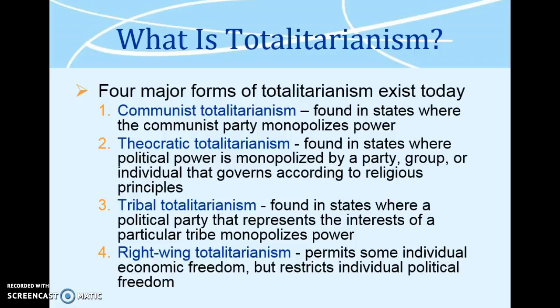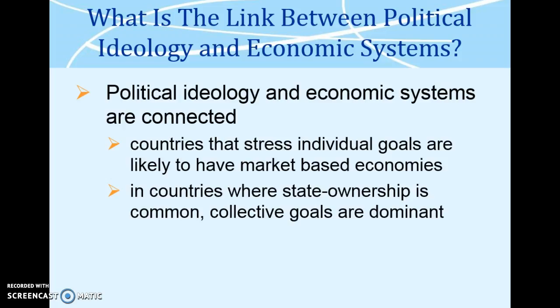Tribal totalitarianism, found in states where a political party that represents the interests of a particular tribe monopolizes power. 4. Right-wing totalitarianism permits some individual economic freedom but restricts individual political freedom.